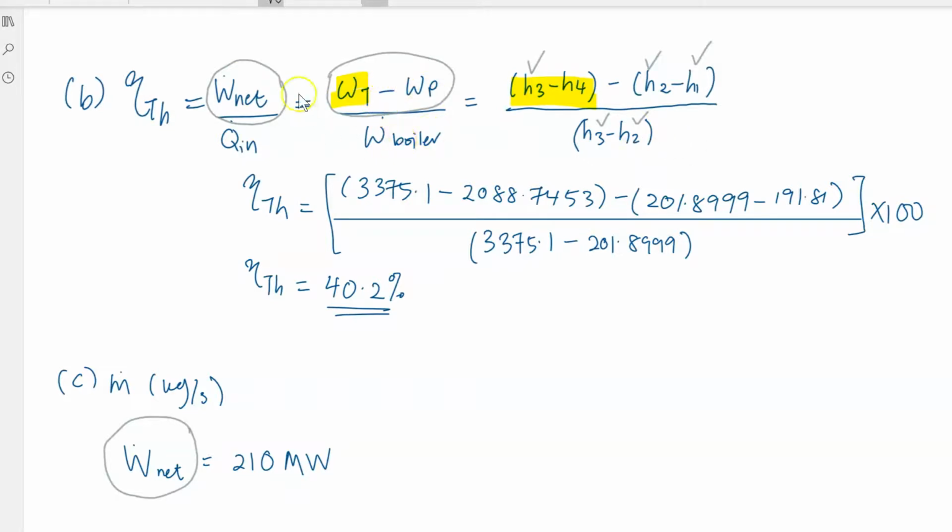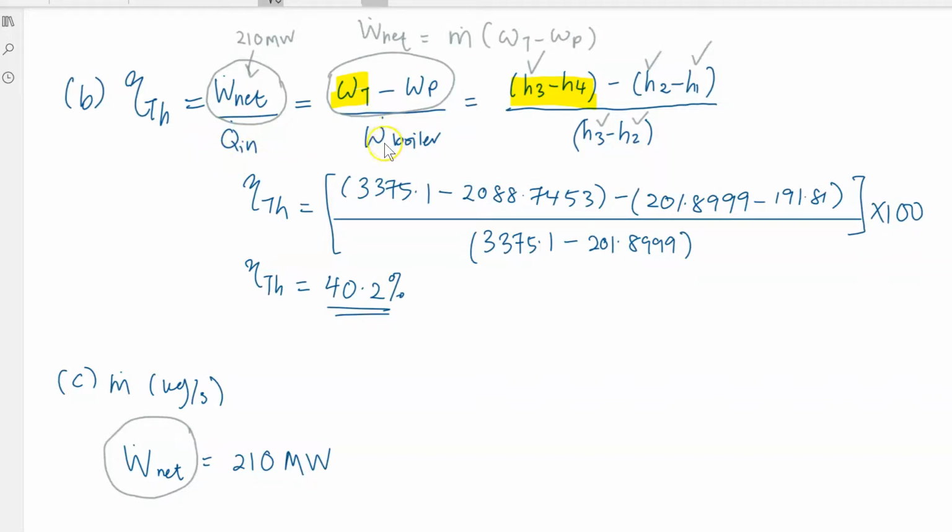Meaning that in order for this to become W dot, you will need this m dot. So W dot net is equal to m dot times the work of your turbine minus the work of your pump. Now, if you are going to use this W dot net of 210 megawatt directly, you will need to change this one with Q dot in.